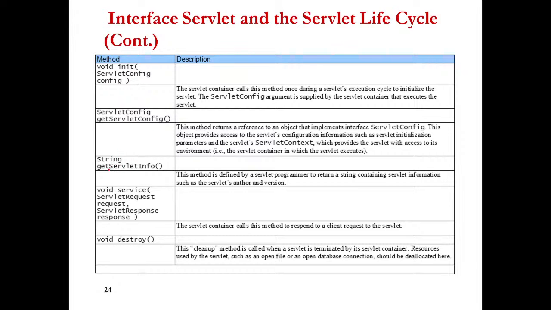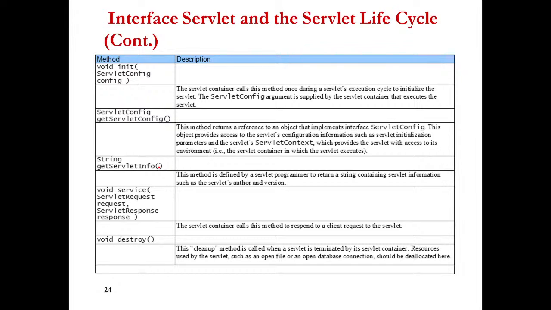A String is the return type of getServletInfo. Suppose you want to get information about the servlet, then you have to call the getServletInfo function. And the service method is there. The service method has two parameters, as I already told you. One is request, another is response.